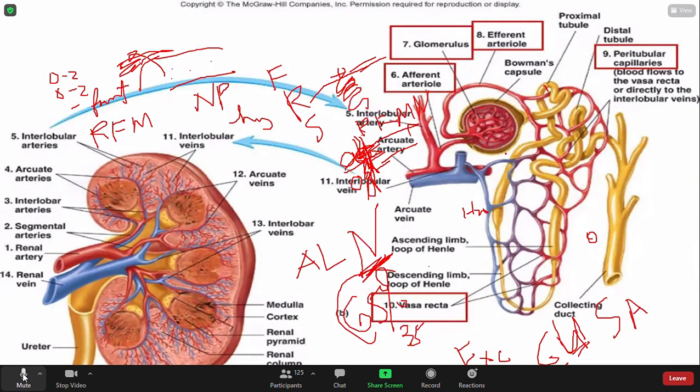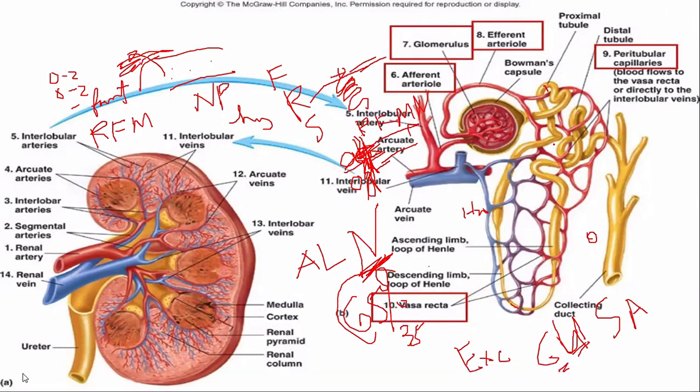So therefore, as you go down deep, this for example is a juxtaglomerular nephron, which is very important for concentrating. The sodium therefore gets increasing here, because more water was reabsorbed. And then as you go up again, in the ascending limb of the loop of Henle, what is reabsorbed?